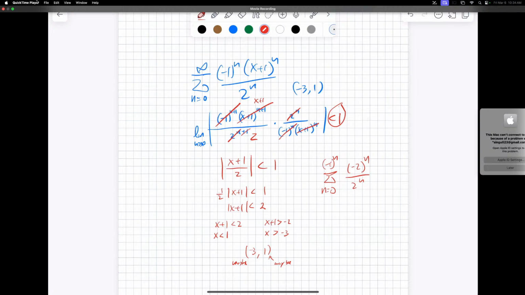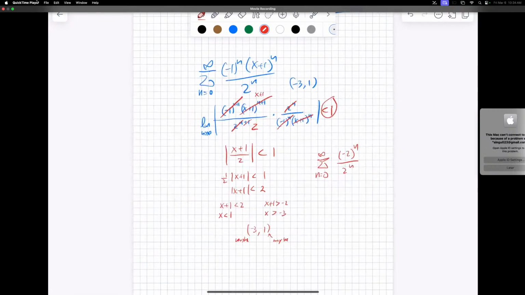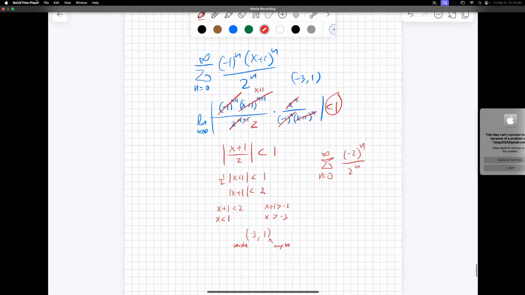Can I break that into separate parts? I can. The summation from n equals 0 to infinity, I can break into (-1)^n times 2^n over 2^n. Does that make sense?